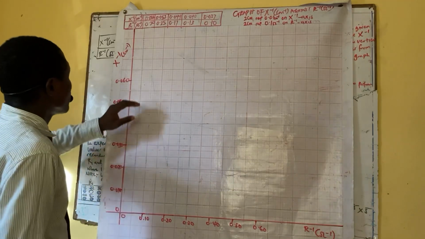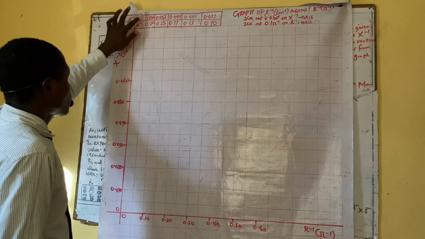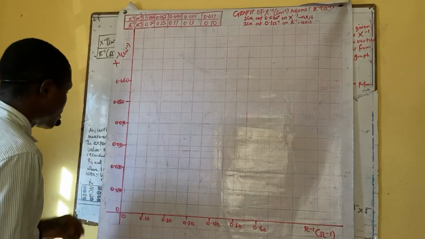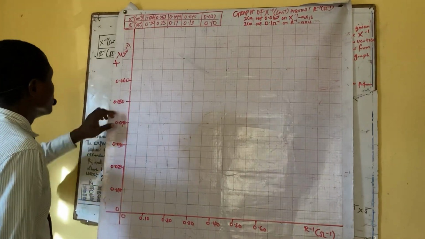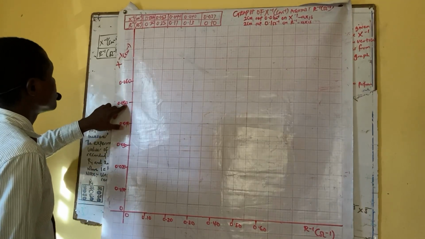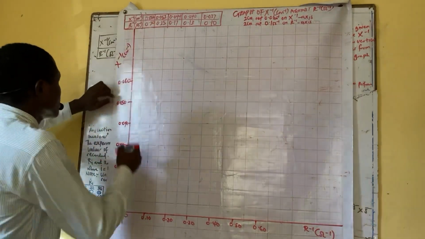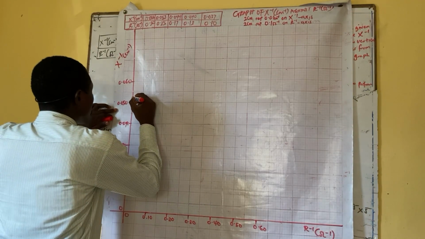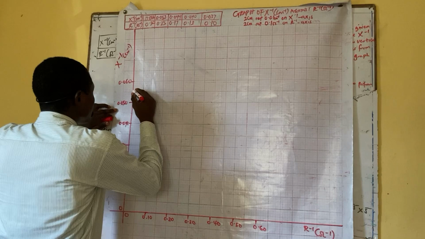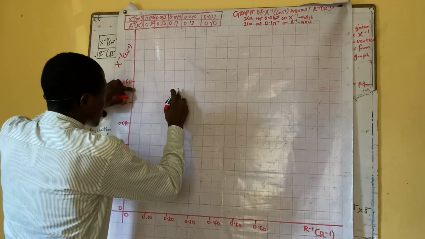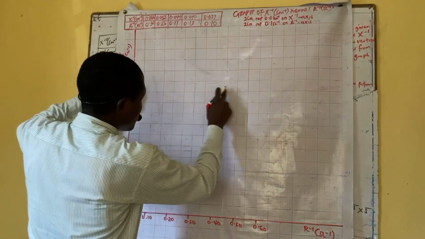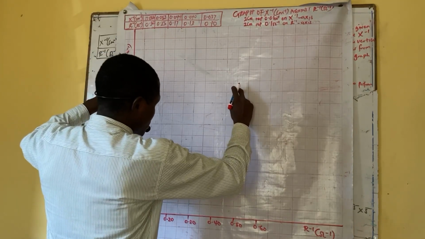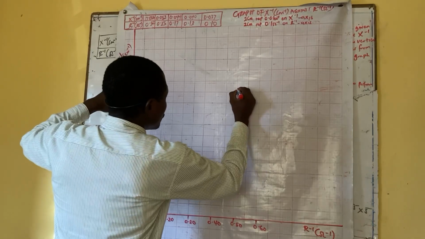Having done that, let's go into the plotting. The first one is 0.056 against 0.5. Counting 0.051, 0.052, 0.053, 0.054, 0.055, 0.056 against 0.5, this is your point here.